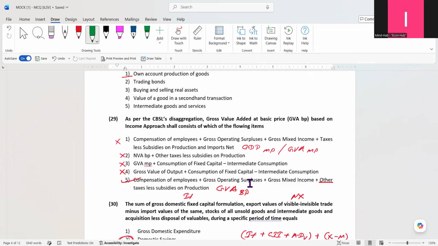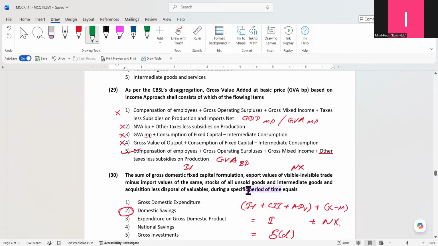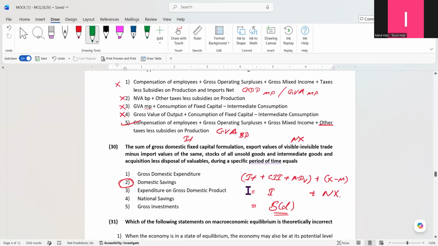Why can't we take taxes on production minus subsidies on production? The reason is we are not estimating at market price, we are estimating at basic price. Therefore, the correct answer is not the first one, but the 5th one, because it should be at basic price. The first one will give us the answer at market price.